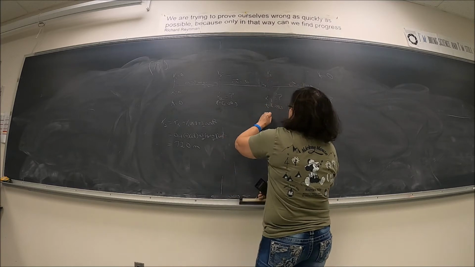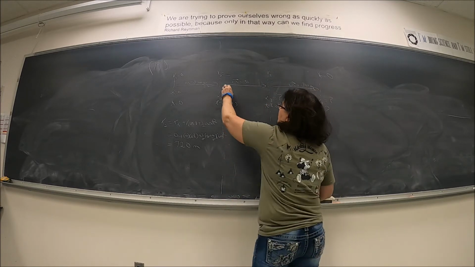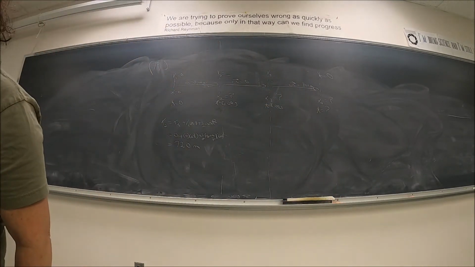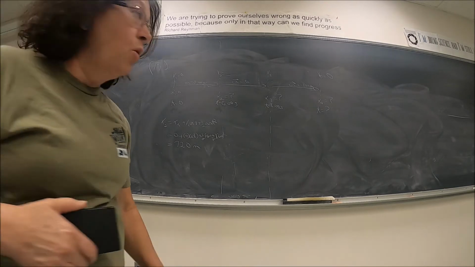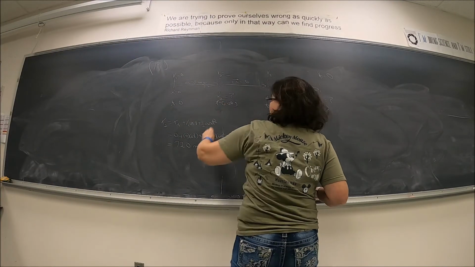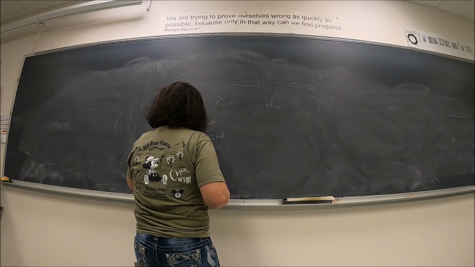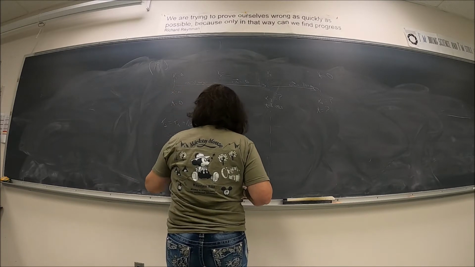Now, the next portion, we're coasting. So I also need v2. v2 should equal v1 plus a delta t.